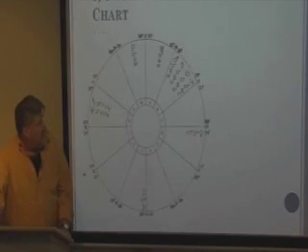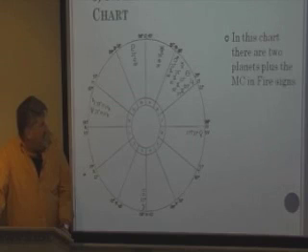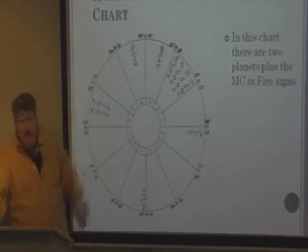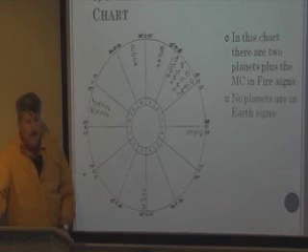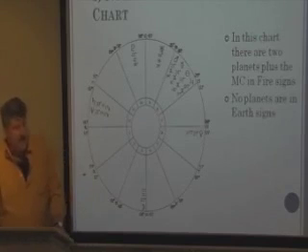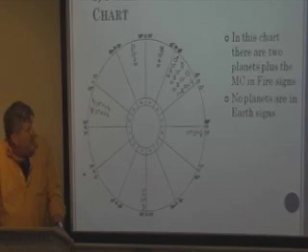So let's look at this chart, and let's look at what we have. Two planets plus the midheaven in fire signs. Venus in Aries, Pluto in Leo, midheaven in Leo. No planets in earth signs. Any thoughts on that?